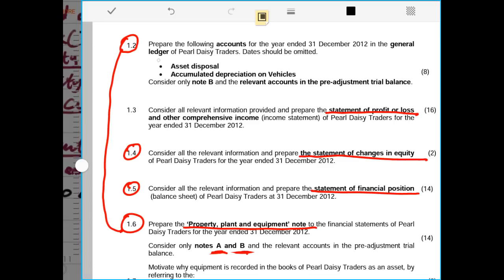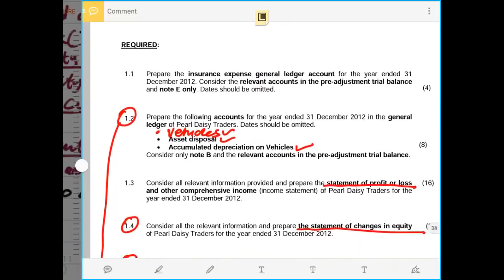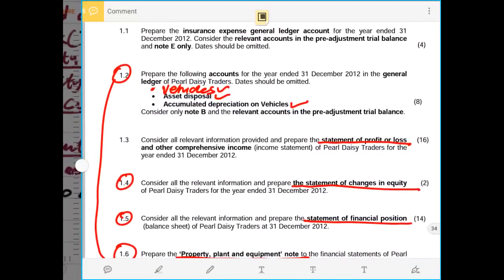I said that under 1.2 I will add the cost of the asset that was disposed, being vehicles. So I will have the ledger account for vehicles, then after that accumulated depreciation, then the asset disposal. Then from there I can transfer that information to property, plant and equipment, obviously also taking into account the asset that was not sold, which is equipment in this case. You will see that in the trial balance.